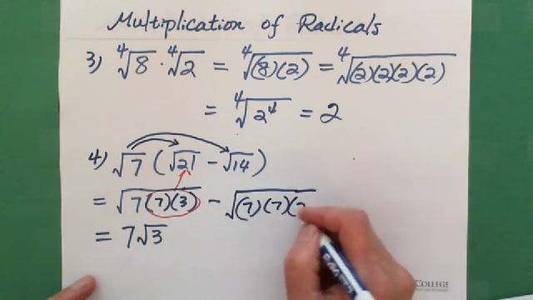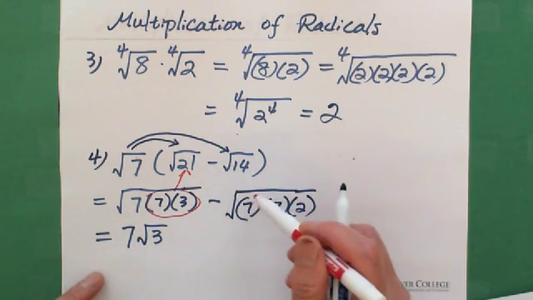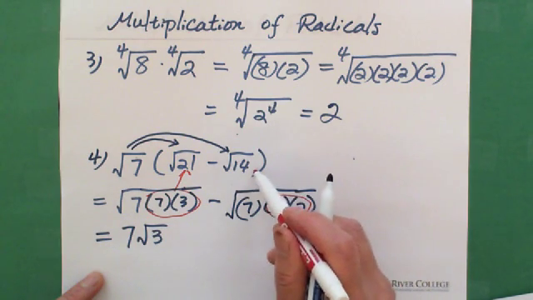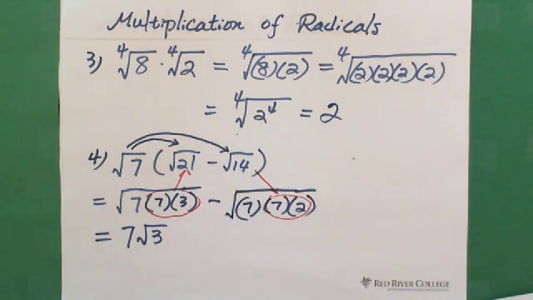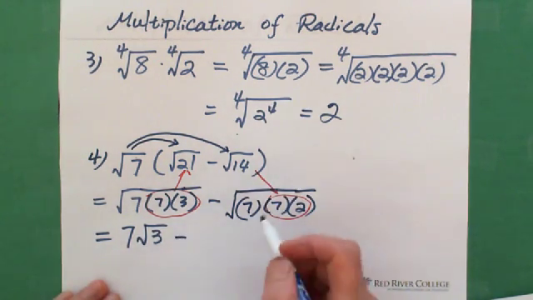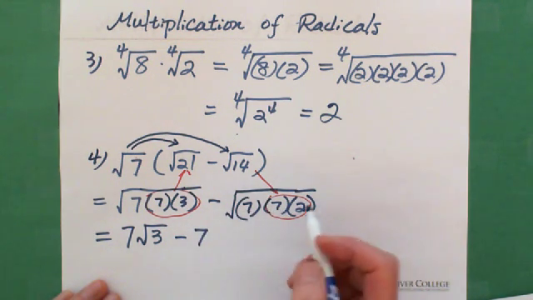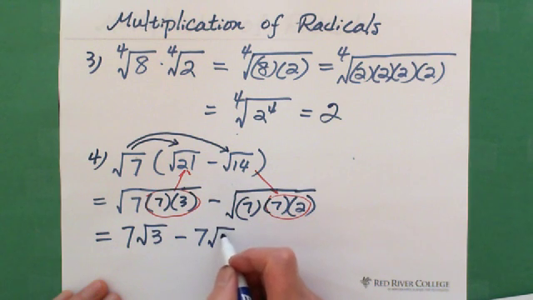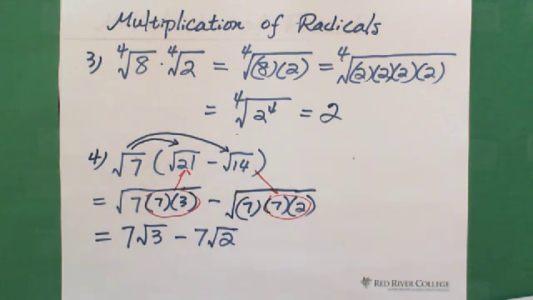You have a pair of 7, get out, and you got square root 2. For this situation, you see 7 square root 3 minus 7 square root 2, we cannot combine them. The reason is square root 3 and square root 2 are not similar radicals.